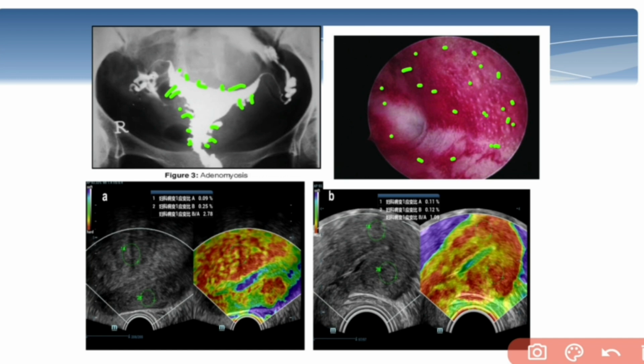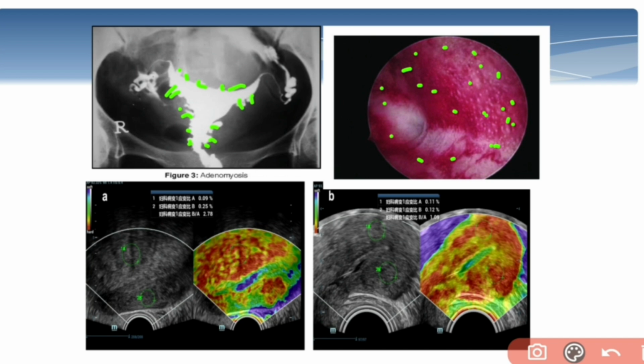Now the another modality is elastography. What is elastography? Elastography is a diagnostic tool that assesses the properties and stiffness of soft tissue. If we see the color flow, in case of cystic tissue there will be green and blue color, and in case of firm tissue, only blue color will be produced.